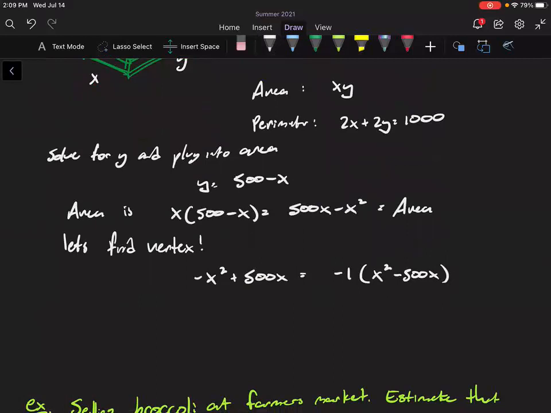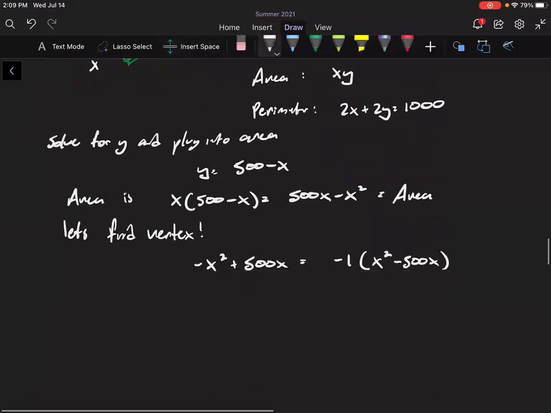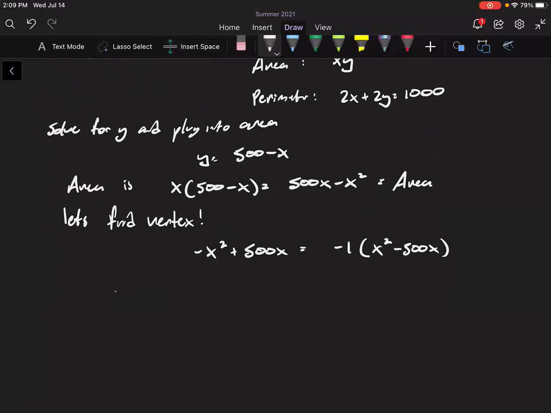Let me put a little space so we're not distracted by what's on the bottom. And now what we have to do is add something and subtract something, so that we get a square polynomial. Remember, we always take our b term, that's our -500, we cut it in half and we square it. And that's what we add on. And we also have to subtract it so we don't change our equation.